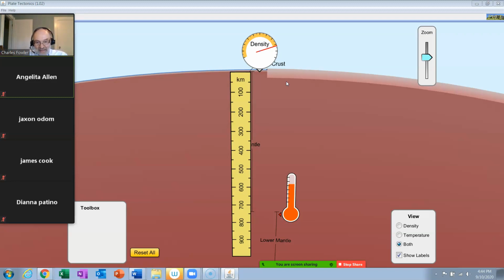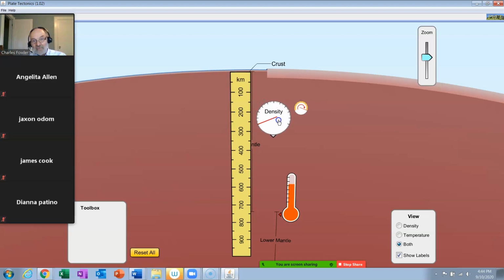Okay, next. Move the density meter to the lower part of the upper mantle and record the density there. Okay, density meter. Now look what's happening to the density meter. So we go down, it gets more and more and more, and suddenly it reaches, oh, look at that. Right here, that means we've reached 10.